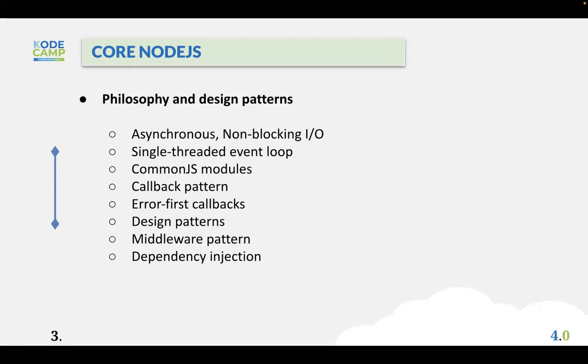That is, it can handle other requests. Let's say it has an I/O operation going on that is being handled, and another comes in, it will still handle that concurrently without having to wait for the previous one to finish. So that is the asynchronous and non-blocking I/O of NodeJS, and that's what makes it awesome.